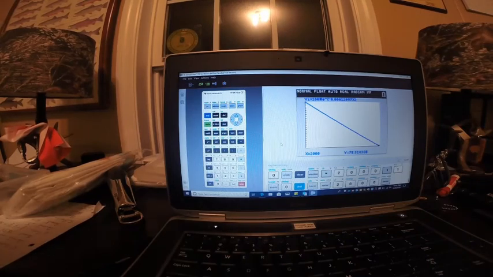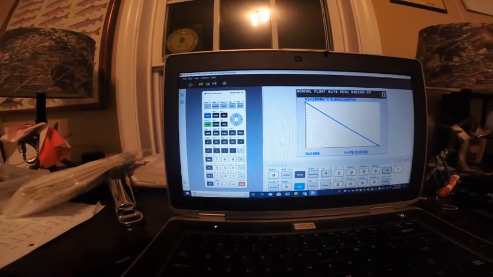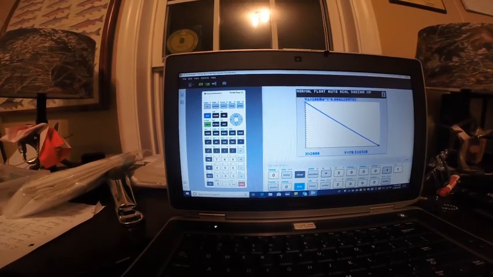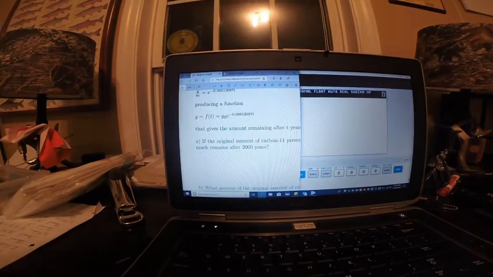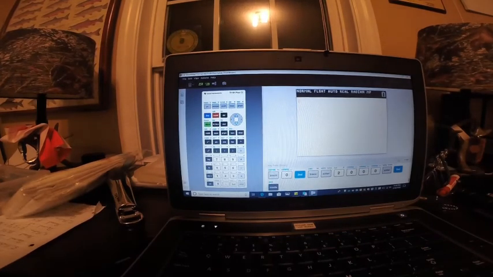If you're having trouble with your calculator doing the exact steps that I did, the other way you could do it, second quit, you could just pull up the function that we had. So we had 100 for our y naught. So you could just type in 100.